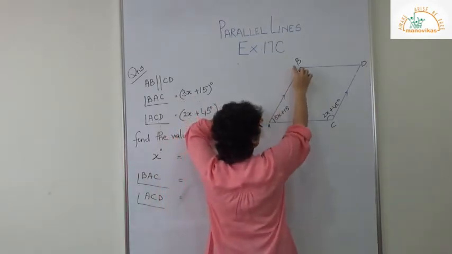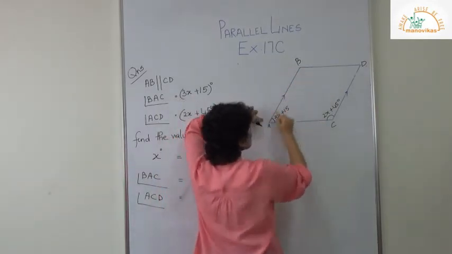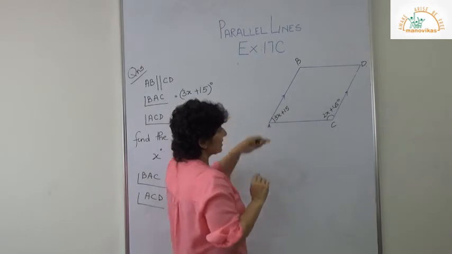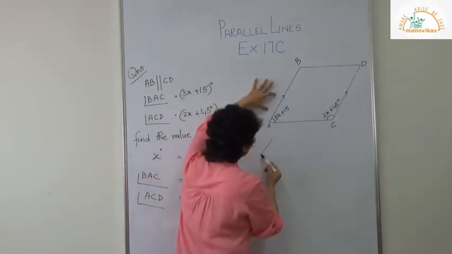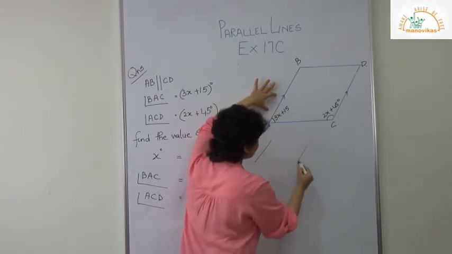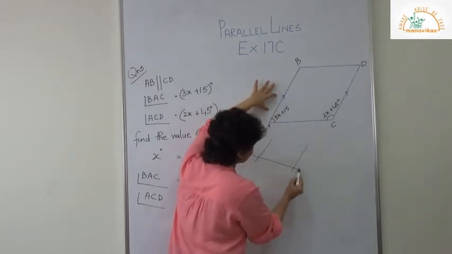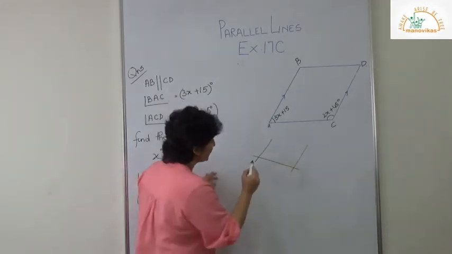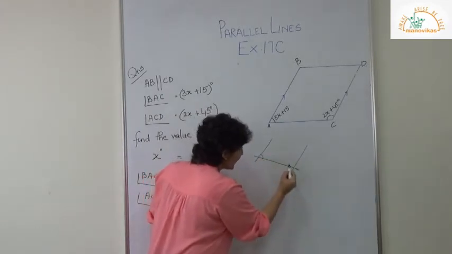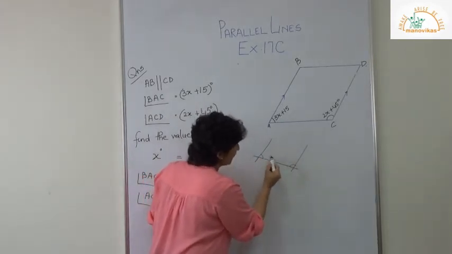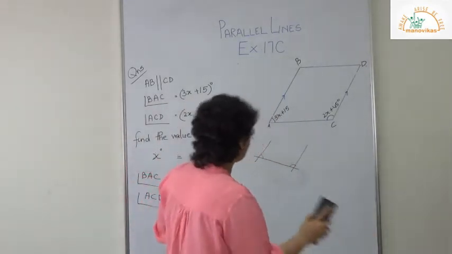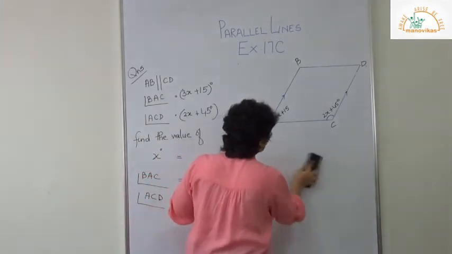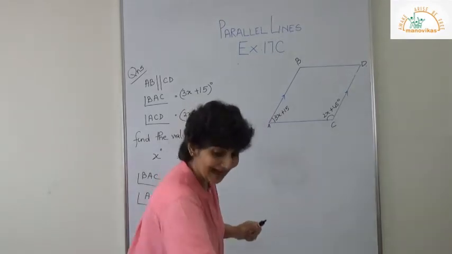Or A plus B, again these are co-interior angles. Now why, you will ask me? That's because they say this is parallel to this and this becomes your transversal. These angles are inside, so they become your co-interior angles. Is that clear children?